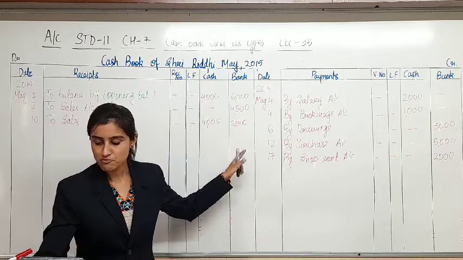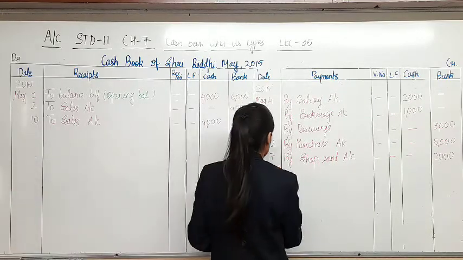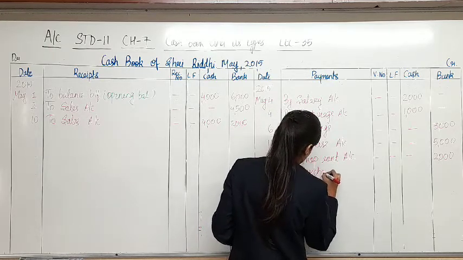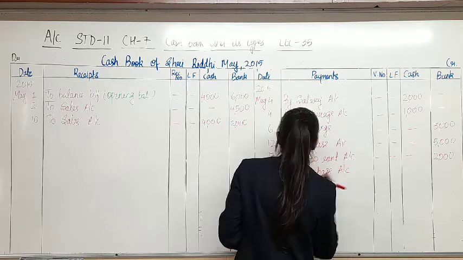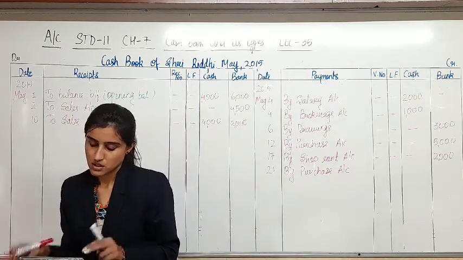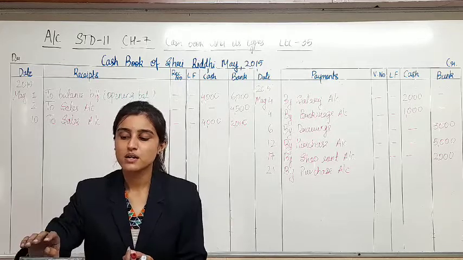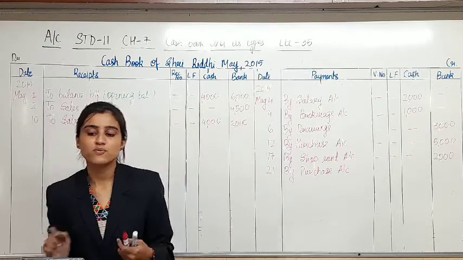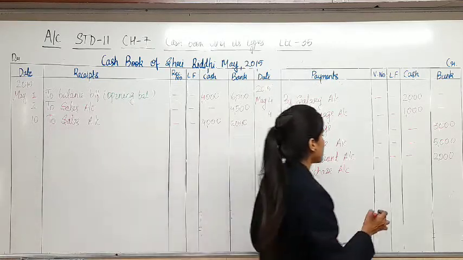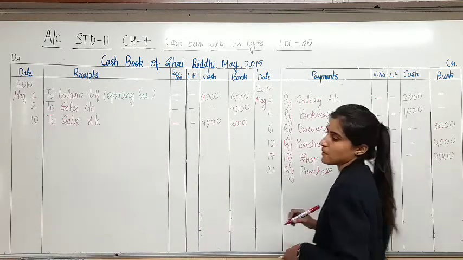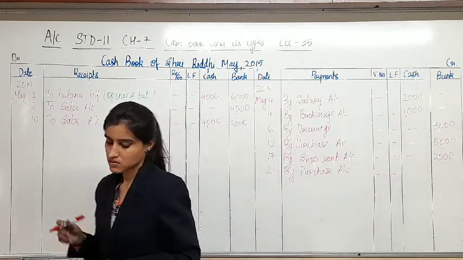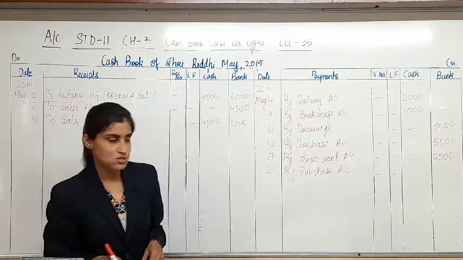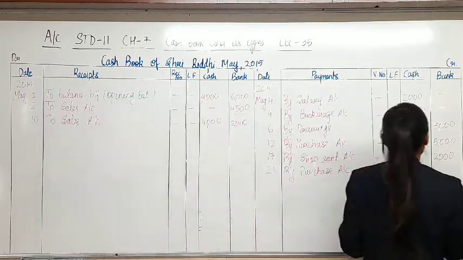So 21st of May, by purchase account, goods are of rupees 4,500, 10% of 4,500 is 450, and the net amount of goods to be recorded is 4,050 rupees. The payment, they have not mentioned about it, so of course the payment is in cash. So 4,050.